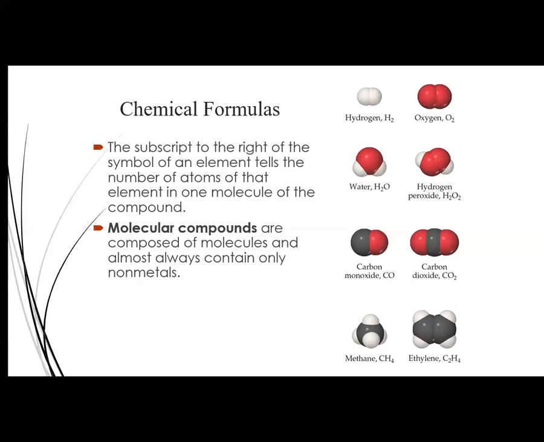We see this again, carbon monoxide versus carbon dioxide. Carbon monoxide is 1 carbon, 1 oxygen. Carbon dioxide is 1 carbon and 2 oxygens. Carbon monoxide is that odorless gas that happens when you get an incomplete combustion. So like when you have a stove that's burning, things like that.